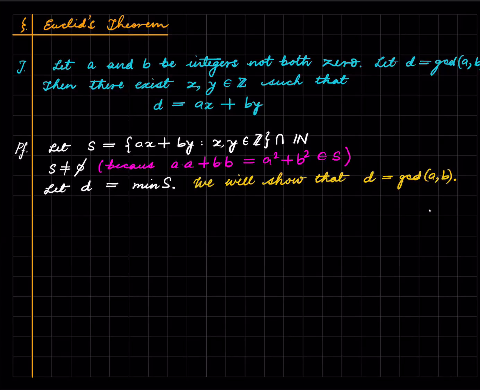Since d is in S, we can choose integers x0 and y0 such that d is ax0 plus by0.